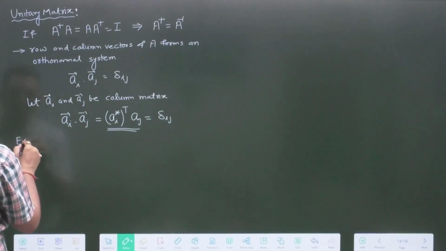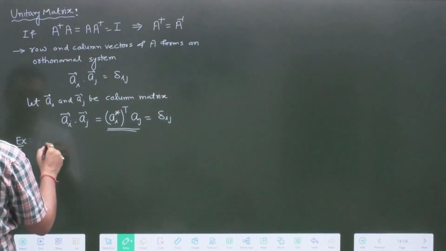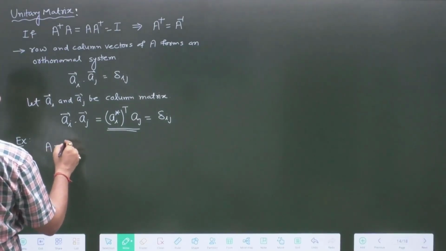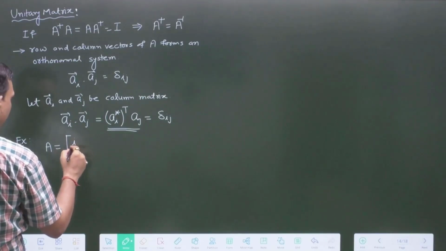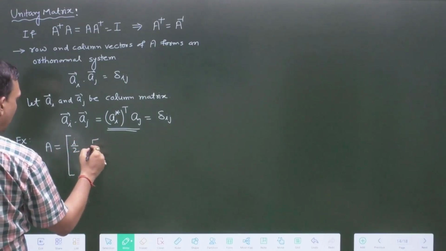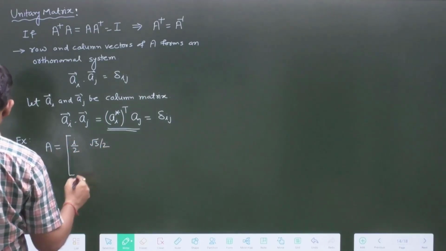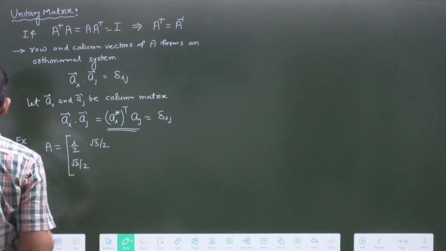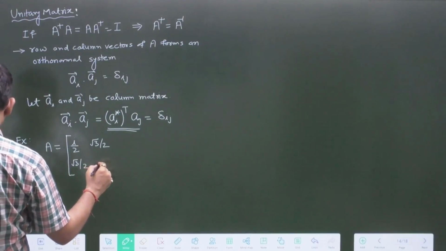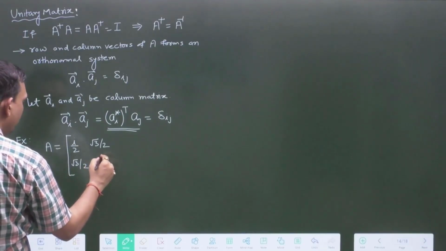For example, matrix A is given as iota by 2, root 3 by 2, root 3 by 2, and iota by 2.